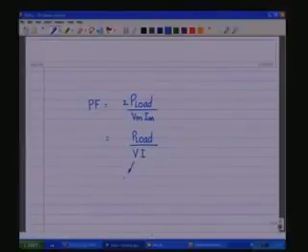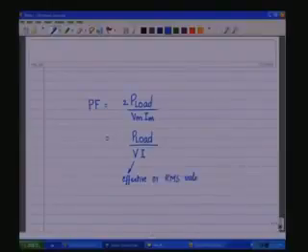These are effective or root mean square RMS values, as we have discussed in the phasor diagram modeling of the last session.